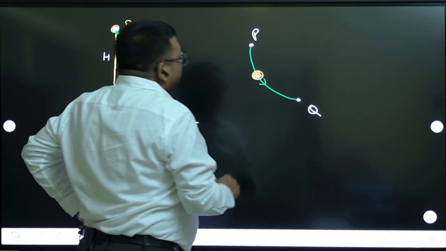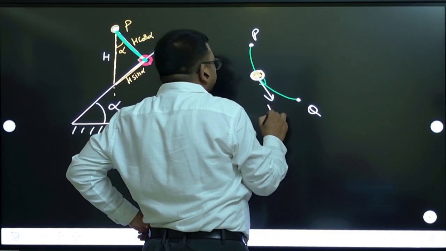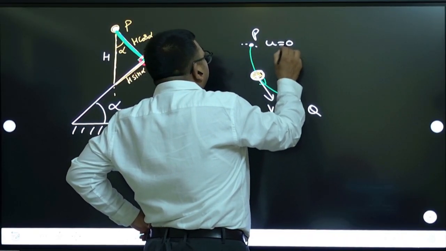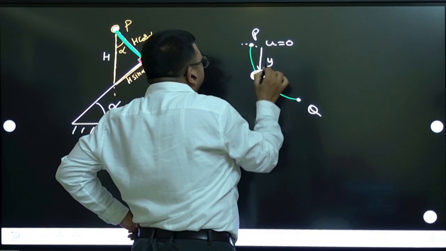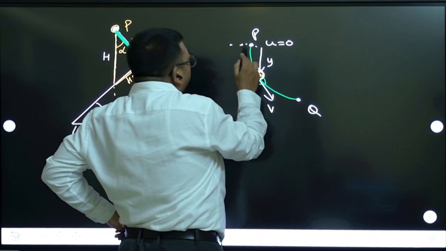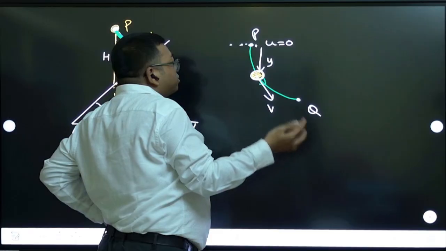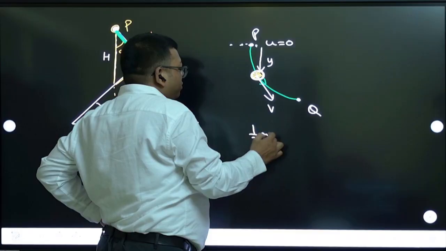Okay. So it will be going with some speed at an instant of time. Suppose you have released here with u equal to 0. Let us say it has gone a depth of y from this point. So its kinetic energy will definitely increase because there is no loss due to friction. So kinetic energy here will be half mv square.